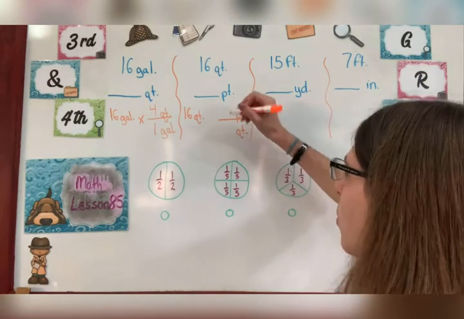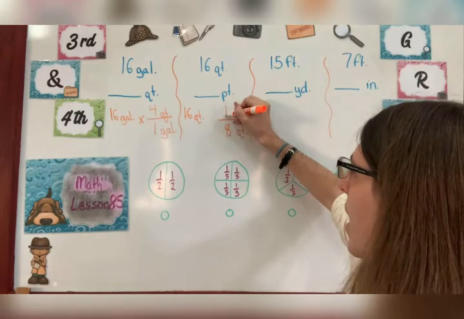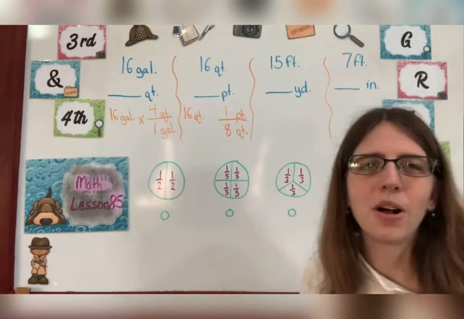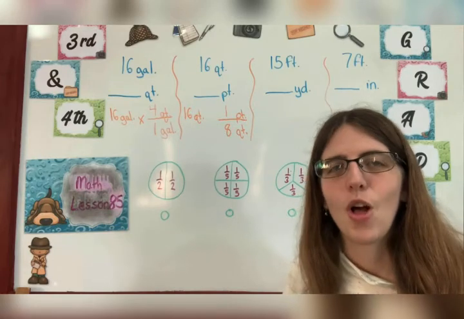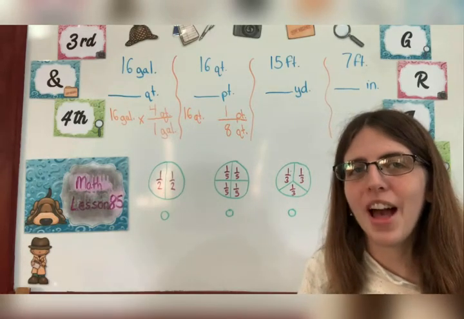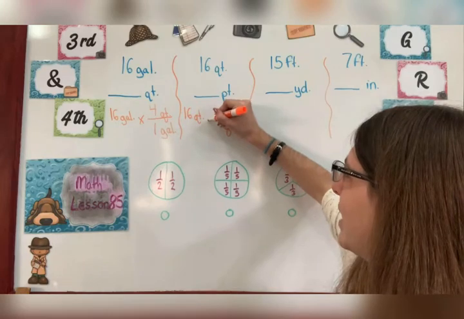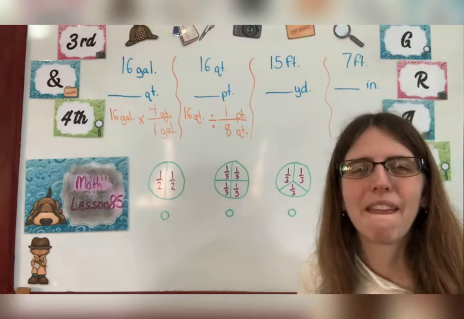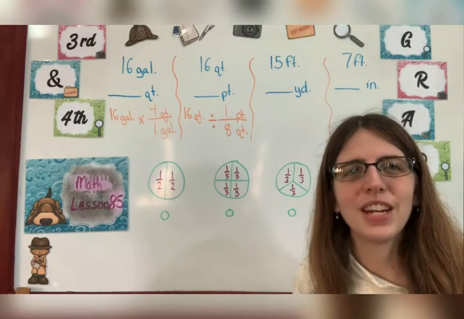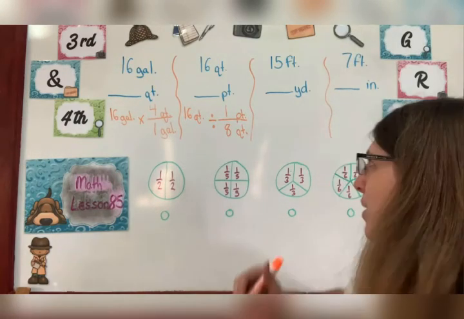There are 8 quarts in 1 pint. Do I multiply or divide? Well, because my number that's bigger than 1 is on the bottom, I divide. Very good.